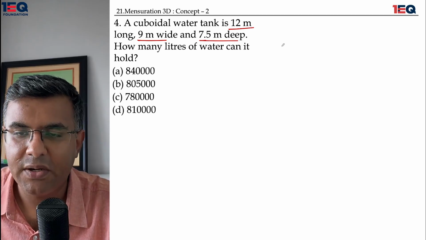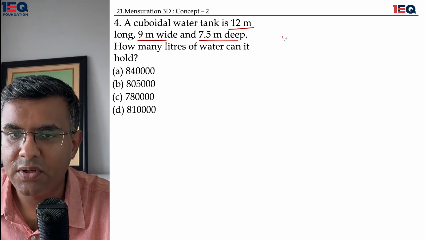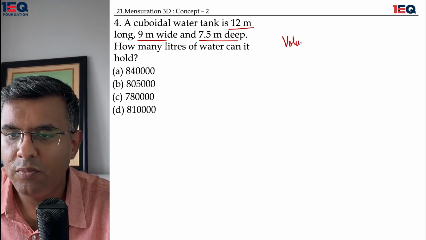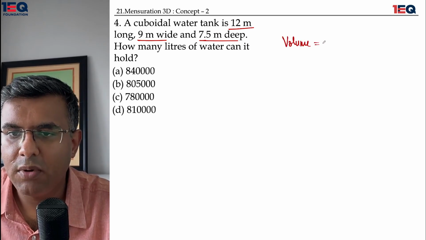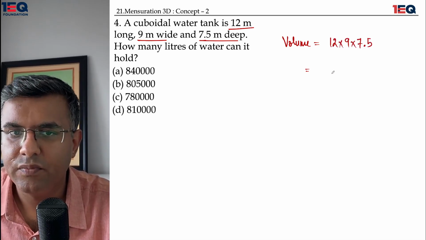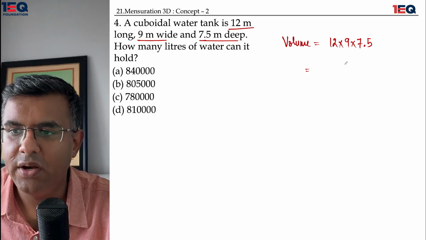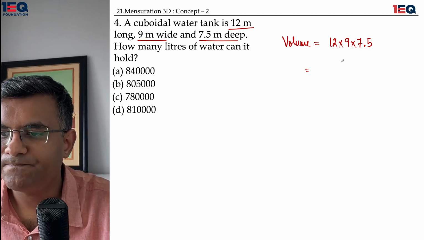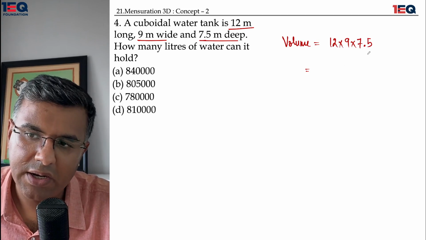So the volume that we are talking about is equal to 12 multiplied by 9 multiplied by 7.5.